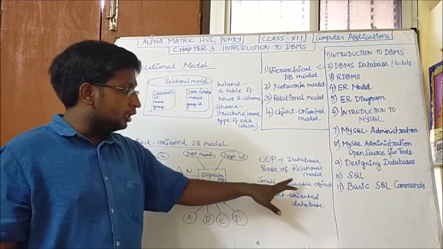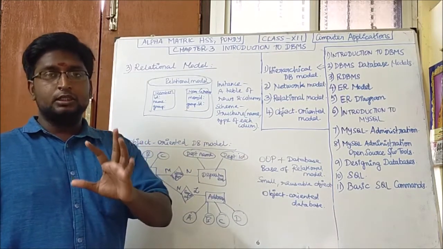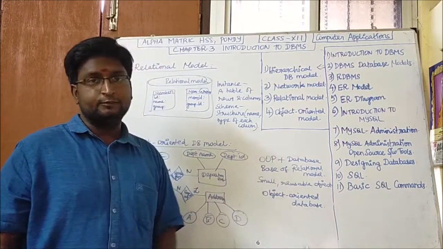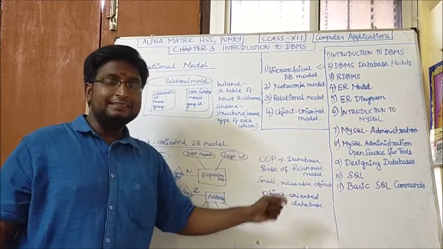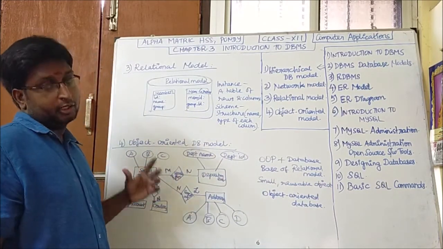An object is nothing but a small reusable code. A small reusable part is called an object. So it is stored in the object-oriented database, and from there, by accessing the object, we can access the set of tables or records.